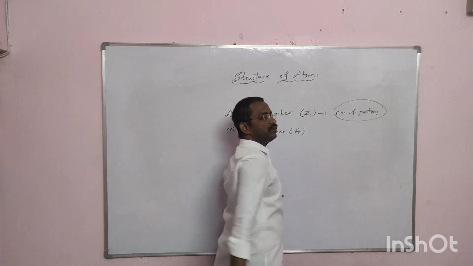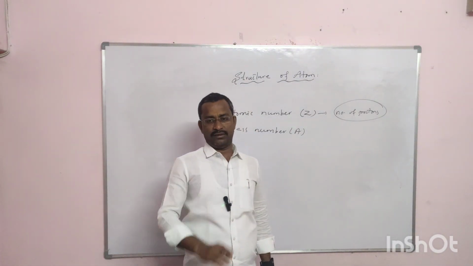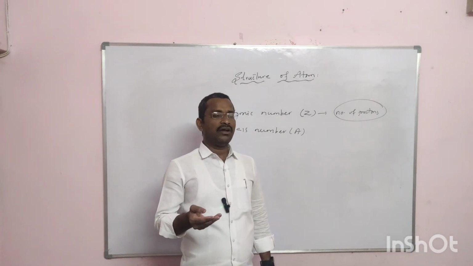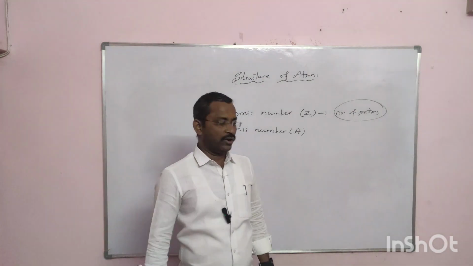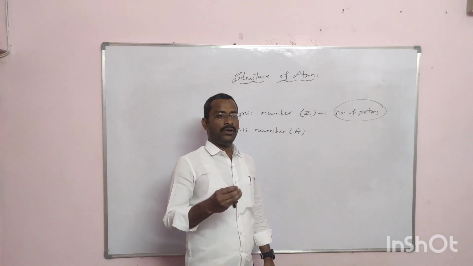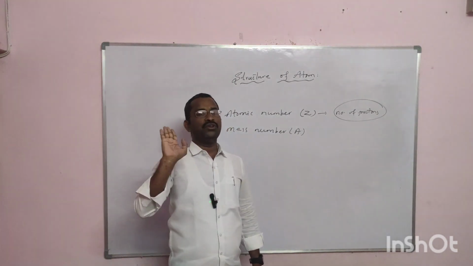Why number of protons? Because we know the number of protons is equal to the number of electrons, that is fixed. But there is a chance of losing an electron, though there is no chance of losing protons. So protons are going to be fixed, but electrons may or may not change. Take Mg, for example.